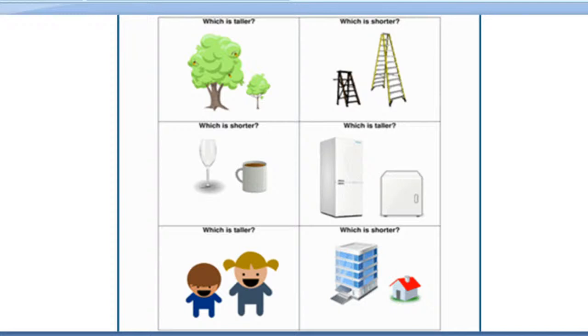The girl is taller. We are talking about the third picture: there is one boy, one girl, and you have to tell me which one is taller. Good Aryan, Tejasvi, the girl is taller.